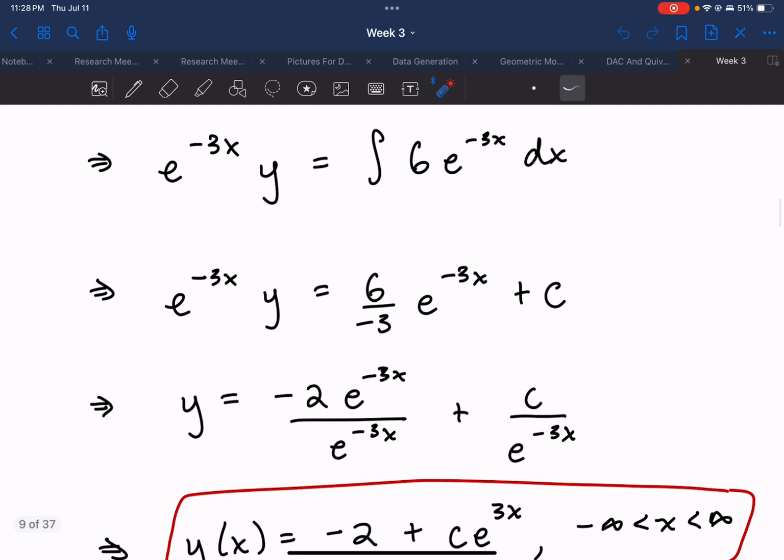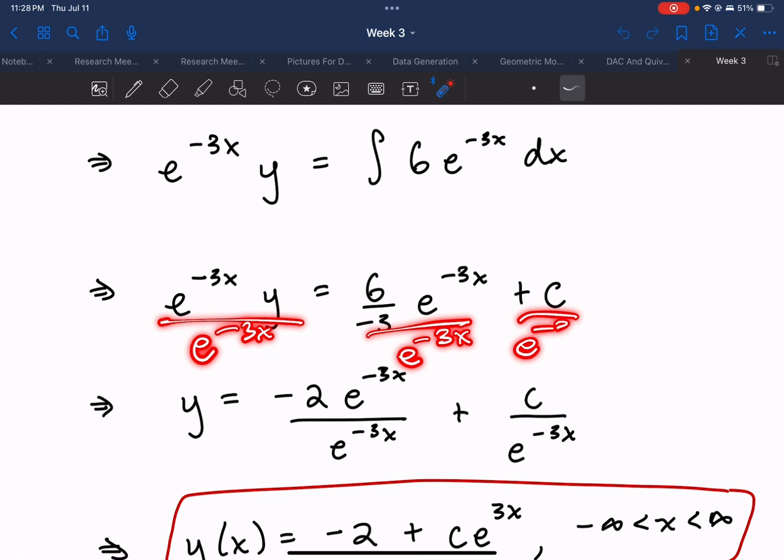Now all I need to do to solve for y is to divide everywhere by e to the negative 3x. These are going to cancel.